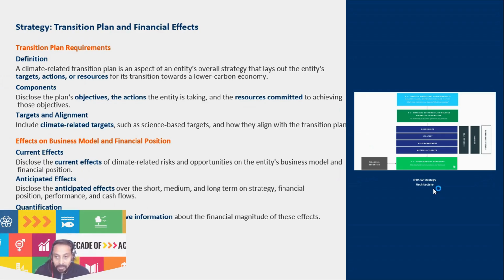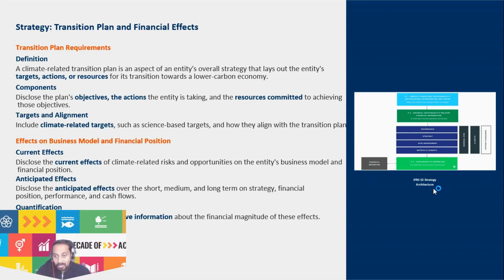What are the current effects? How is climate change hitting your balance sheet of assets, or write-downs from flood damages? And what are the anticipated effects, so that in future how will this impact hit your cash flow, or you might have a good transition plan so that it can offset the increased cost of carbon permits as well.